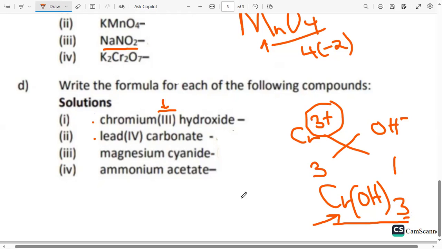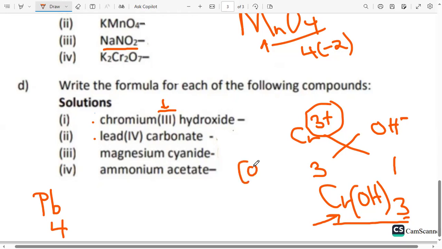It will be the same thing for this lead 4 carbonate. We first have to write the lead here. Lead is given by Pb. Since it's lead 4, the valence that it's using is 4. And then what's the chemical symbol for a carbonate?